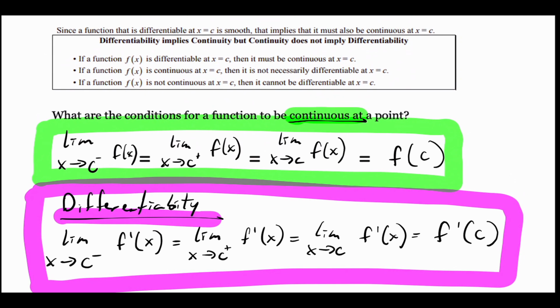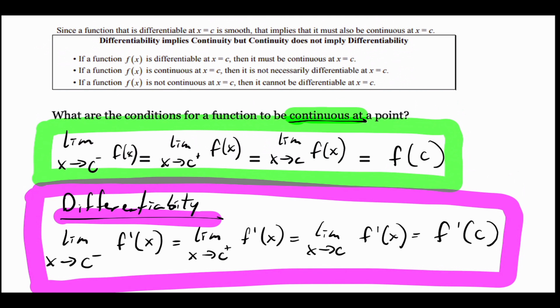Okay. So if a function is differentiable, so if you discover, hey, it's differentiable, then it also has to be continuous. Because they'll ask you that sometimes. On a test, they'll say, is this function differentiable and continuous? Well, if you verify that it's differentiable, then you don't have to verify that it's continuous. It has to be. Okay? If a function is continuous, it's not necessarily differentiable.